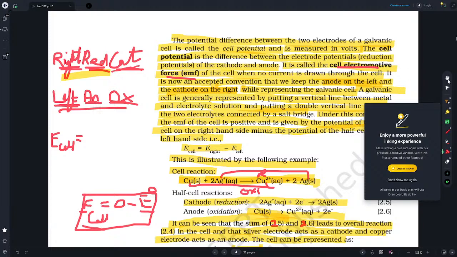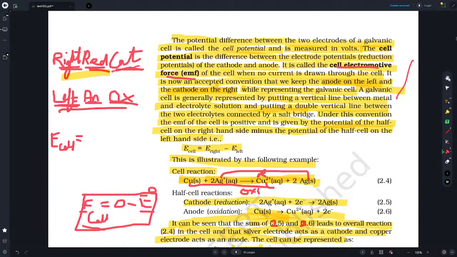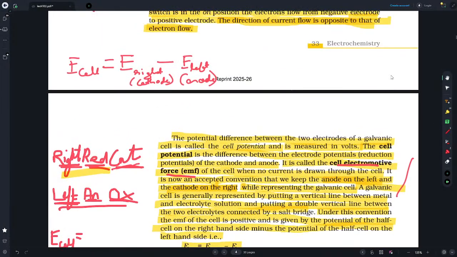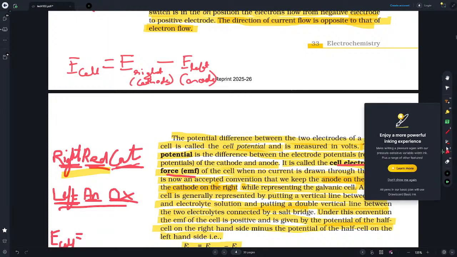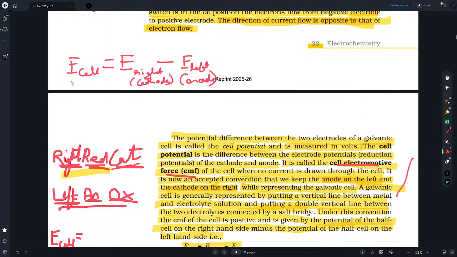Yes, as I was telling before, we can only find the total potential of a cell, using a voltmeter or any other kind of detector.